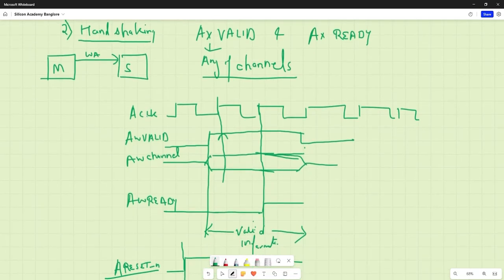So we take an example of the write address channel, because for the write case, the first step that the AXI master has to do is put the information into the write address channel, through which the slave would know the attributes of the upcoming data transaction.